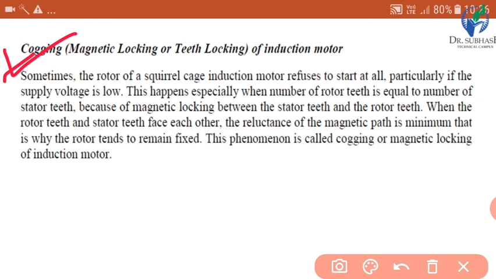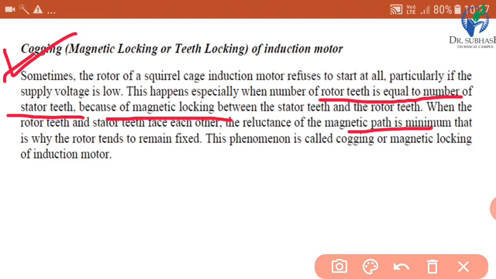This happens especially when the number of rotor teeth is equal to the number of stator teeth. The reason behind this is, if the number of rotor teeth is equal to the number of stator teeth, then there will be magnetic locking or teeth locking. Because of the magnetic locking between the stator teeth and rotor teeth, when the rotor teeth and stator teeth face each other, the reluctance of the magnetic path is minimum.